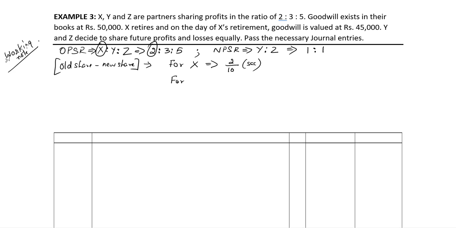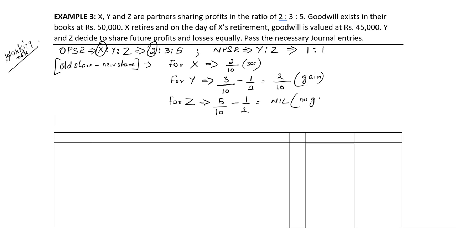For partner Y, the old share 3/10 minus new share 1/2, a negative 2/10, and Y gains. For partner Z, 5/10 minus the new share 1/2, nil.